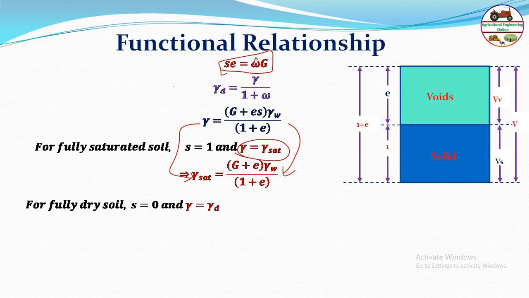For fully dry soil, the degree of saturation will be 0, so therefore gamma will be equal to gamma D. In this case, gamma D can be calculated as G into gamma W divided by 1 plus E.